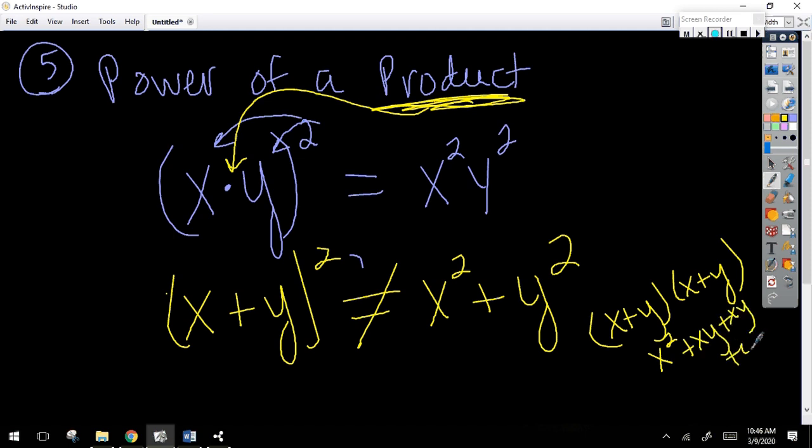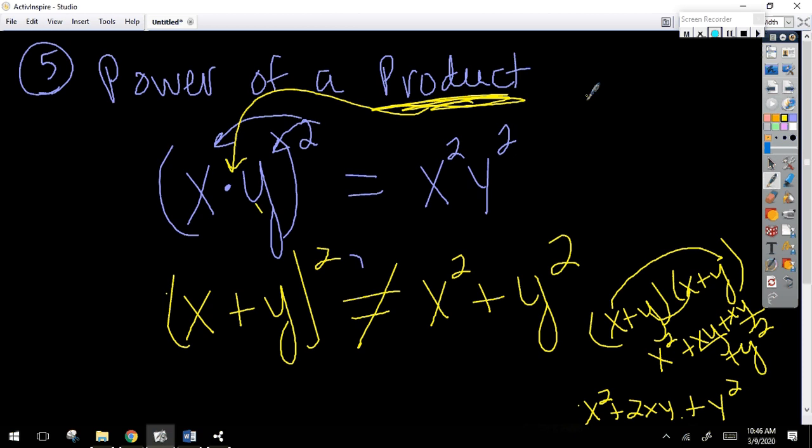If you FOIL that out, you'd end up with x squared plus xy plus another xy, so 2xy, because there's an xy here and there's an xy here, plus y squared. It doesn't give you the same thing. Remember, an exponent tells you how many times to write it.